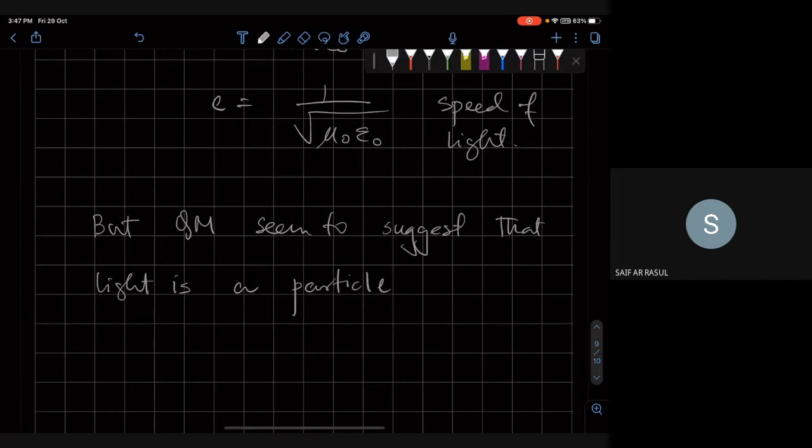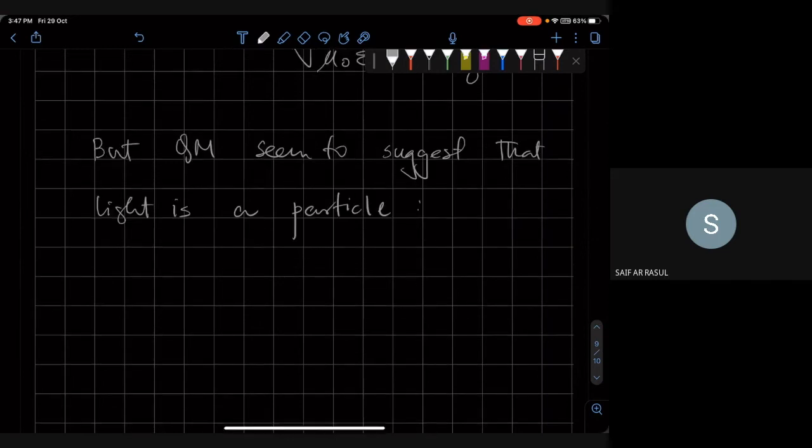That is what the photoelectric effect and the Compton scattering tell us. Furthermore, they give us very concrete formulae where the energy of the light particle, called a photon, is given by this formula and the momentum is given by this formula.